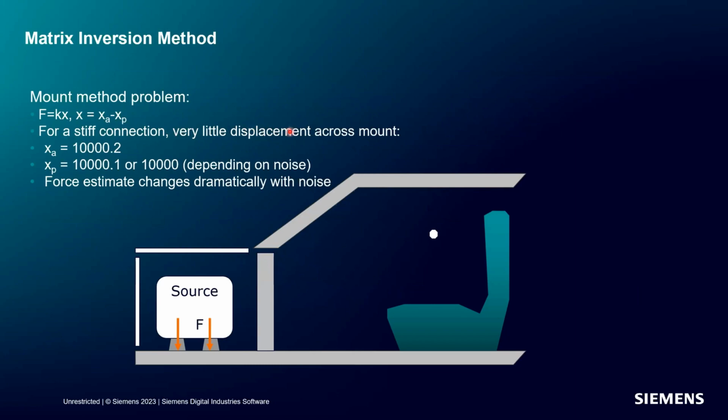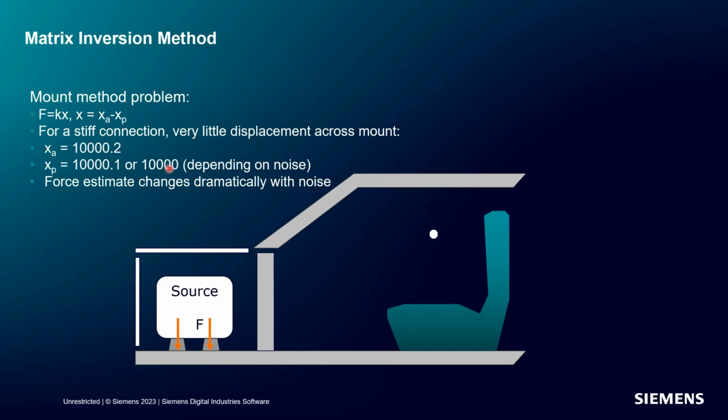For a stiff connection, you have very little displacement across the mount. So on the active side, maybe I have 10,000.2. On the passive side, I have 10,000.1. And, using a measurement system, maybe I'd measure 10,000 instead of 10,000.1. That's less than 1% different.